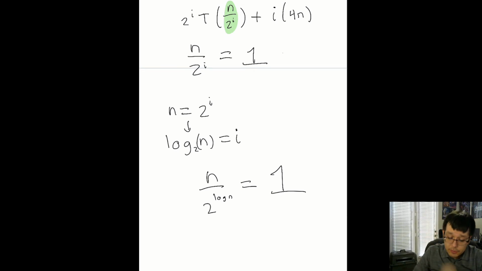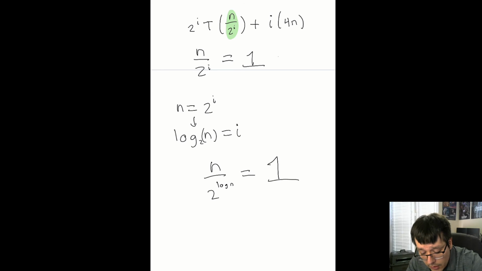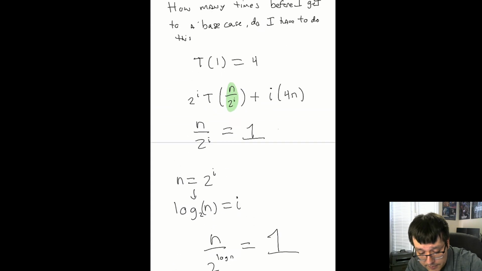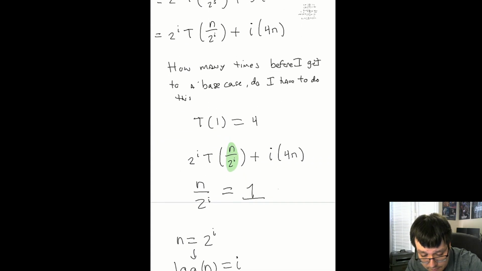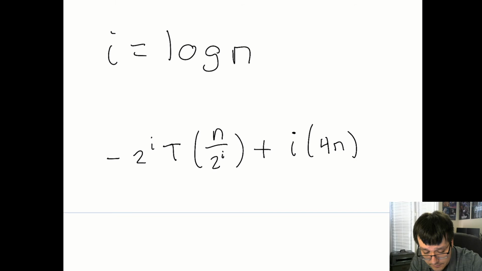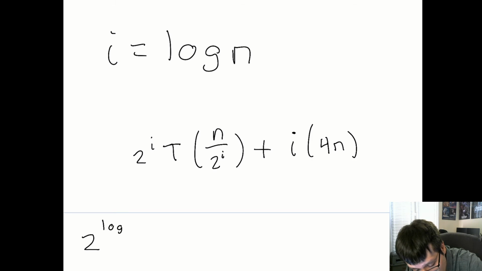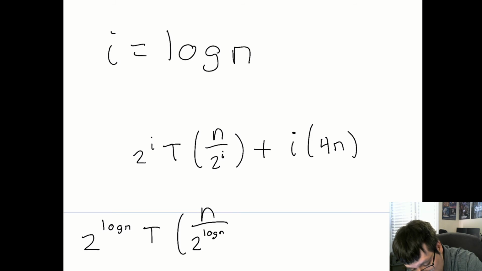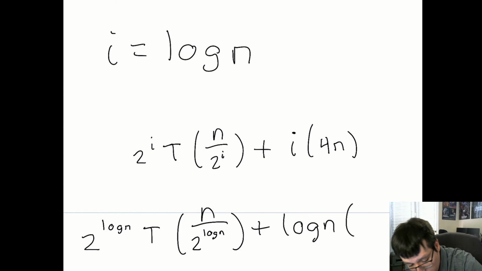Because we proved that works, let us go ahead and plug in i equal to log of n into our formula up here. So that is going to become 2 to the log of n times T(n divided by 2 to the log of n) plus log of n times, let's make sure we don't confuse it, that's part of the log, so let me put the parentheses on that one just so it's obvious, times 4n, okay?